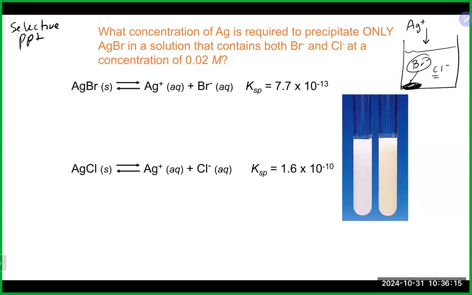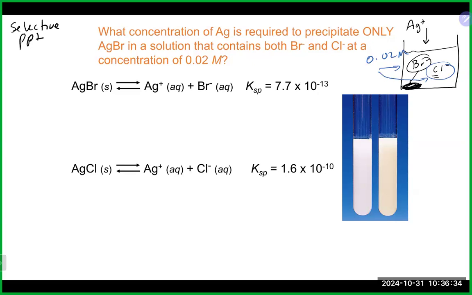And we have silver chloride, which has a KSP value of 1.6 times 10 to the minus 10. So what we do know, though, is the concentration of each of these ions in here. They both have a concentration of 0.02 molar, basically. So each of them are 0.02 molar.